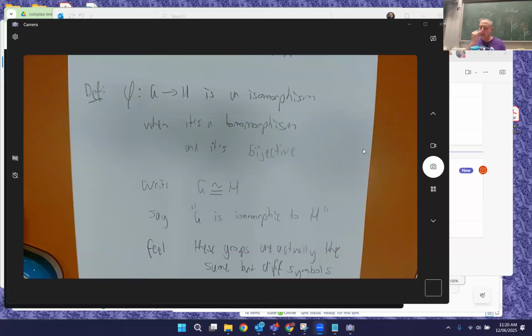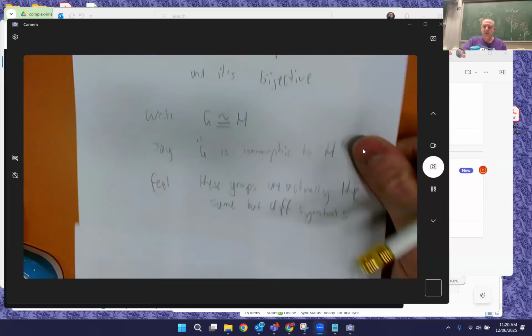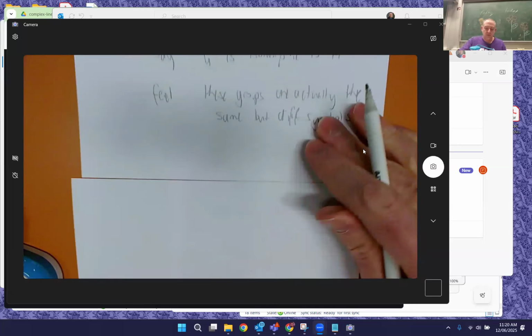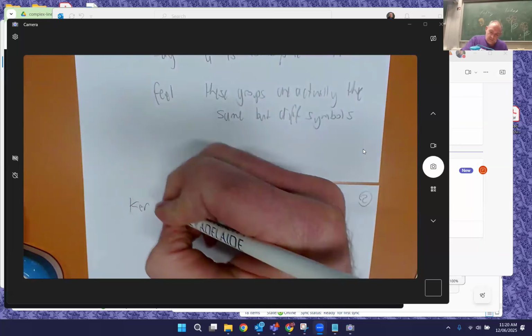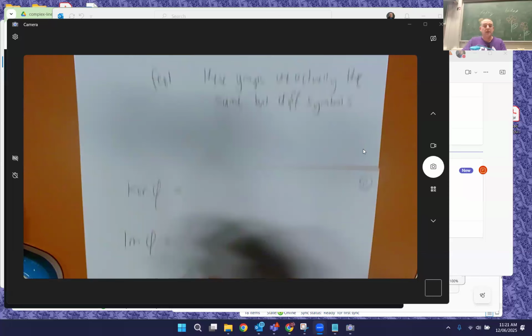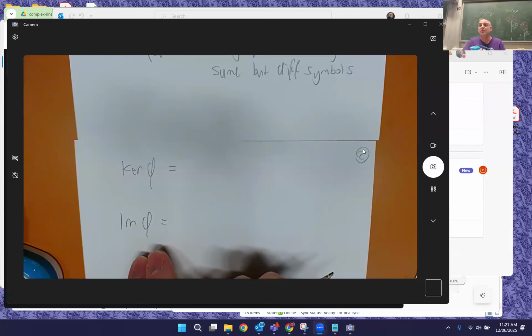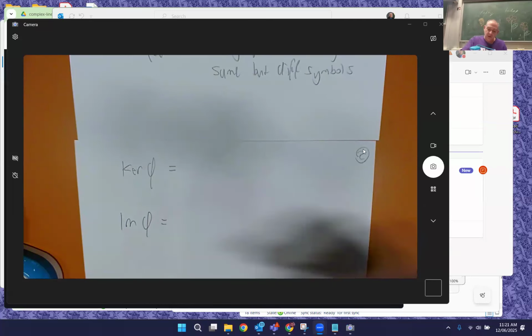Right. So the isomorphism theorem mentions these two things called the kernel and the image. So we need definitions for those as well. So the kernel of phi and the image of phi. Okay, so this one isn't really restricted to group things. The image of any function is just the set of its outputs. And so that's true not just for homomorphisms, but for all functions of any kind, anywhere.